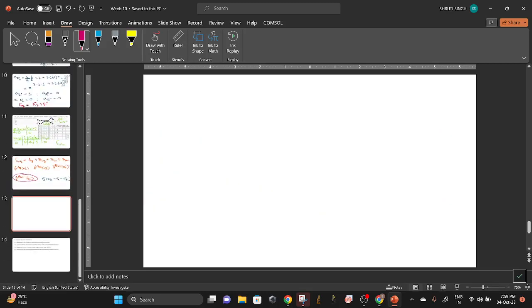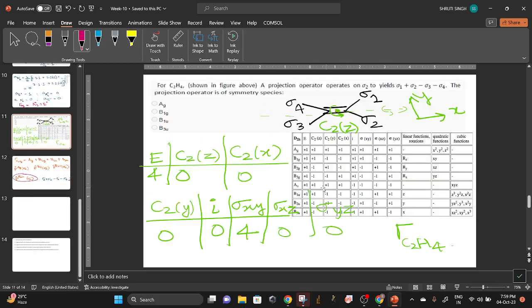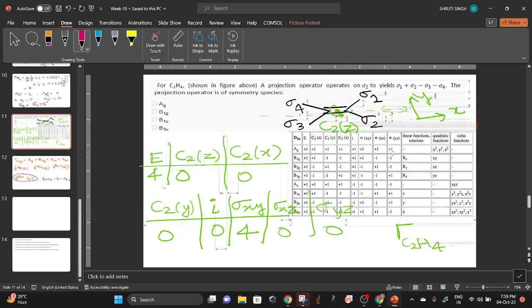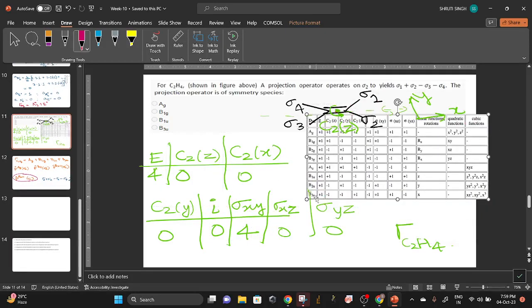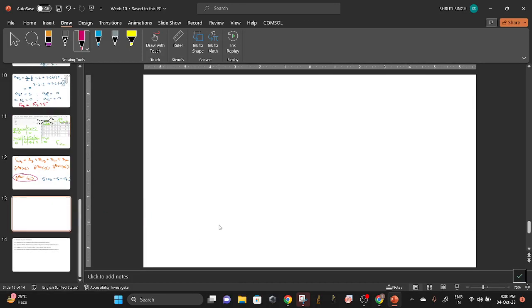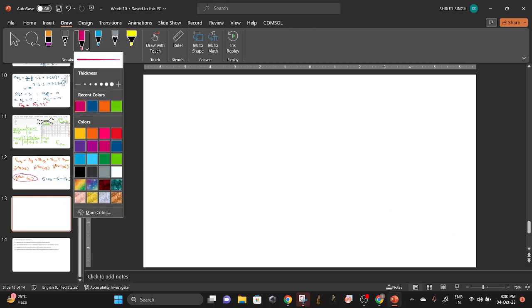See, here we have this character table. B3u is this last row: plus 1, minus 1, minus 1, plus 1, minus 1, plus 1, plus 1, minus 1. I'm going to write the same characters from here.